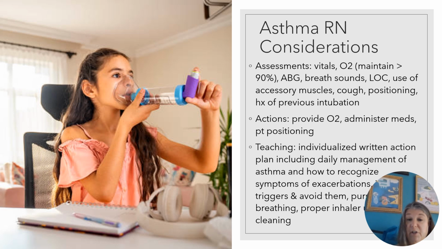We're going to look at positioning. Tripod, we mostly associate with COPD, but tripod position can work for asthma as well. But classically, we associate that with COPD. We also want to make sure our person is sitting up, like a nice semi-Fowler's or high Fowler's. If you're ever having to choose between putting your respiratory patient in high Fowler's versus semi-Fowler's, in regard to testing questions, go with the high Fowler's.